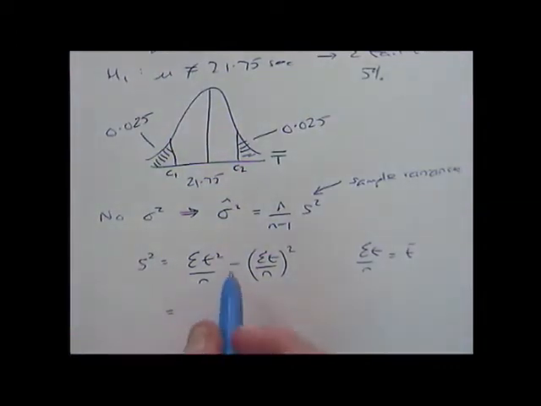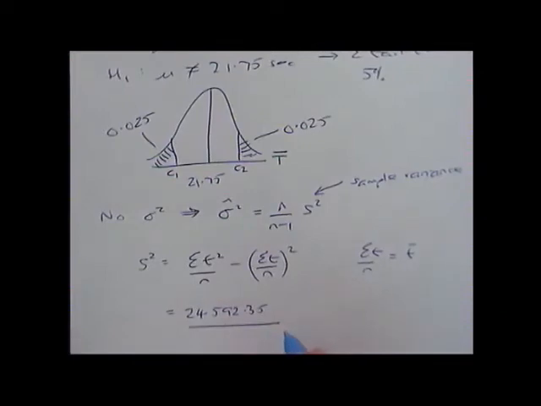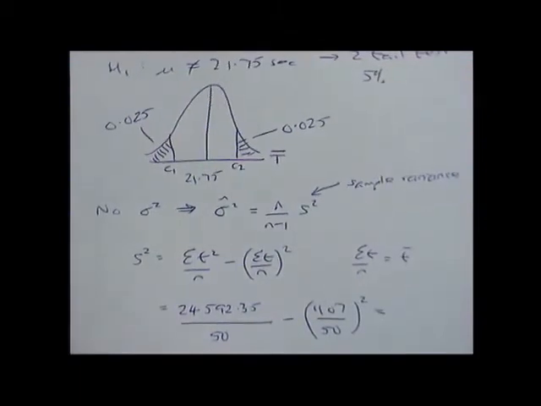So sigma t squared, we are told, is 24,592.35. N is 50. Bung the numbers in, and you will get out s squared. If anybody has an s squared, shout it out. 1.6674. That is what I have here. Good. Always reassures me if somebody agrees.